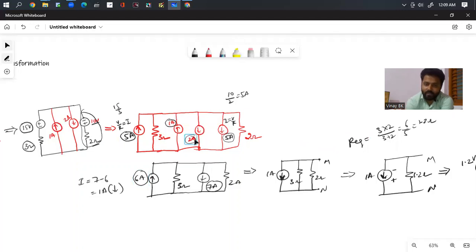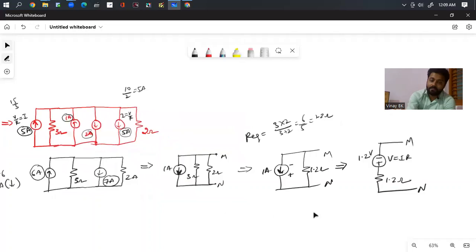Similarly, 2 amperes and 5 amperes flowing downward, so 5 plus 2, 7 amperes downward. The rest of the resistors are 3 and 2. Again 6 amperes flowing upward, 7 amperes flowing downward, but 7 amperes, that is the highest magnitude current, is flowing in the downward direction, so 7 minus 6, 1 ampere is flowing downward with respect to 3 and 2.